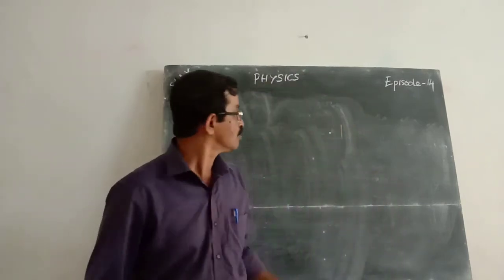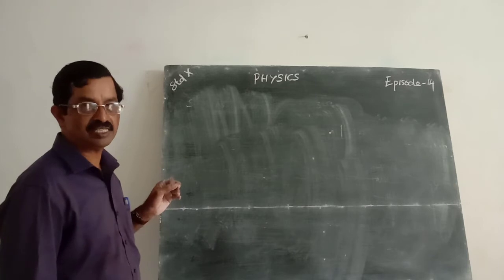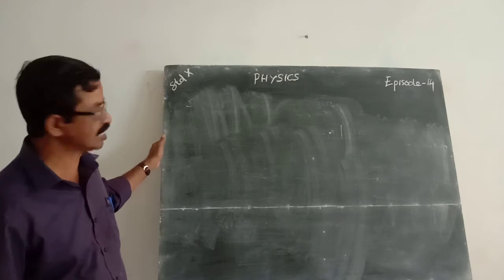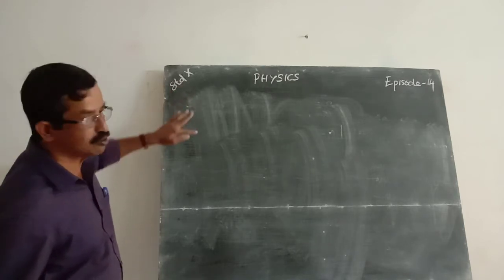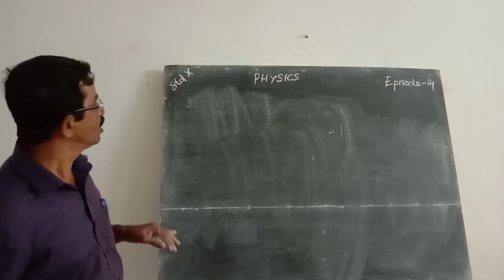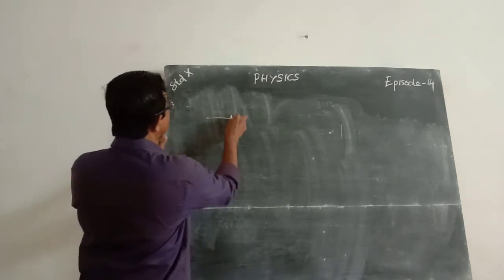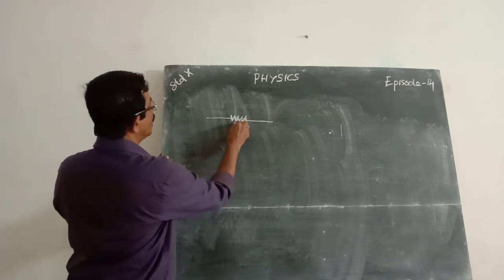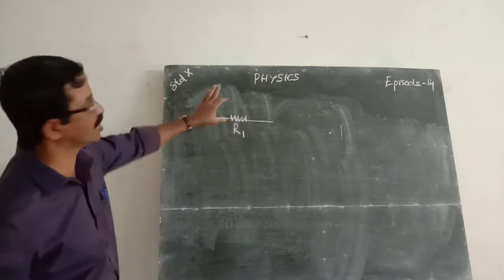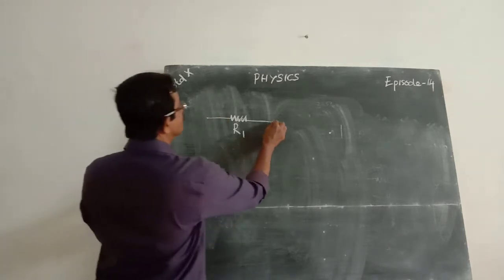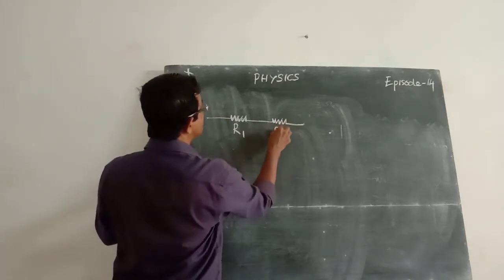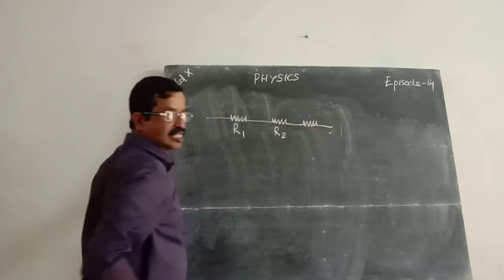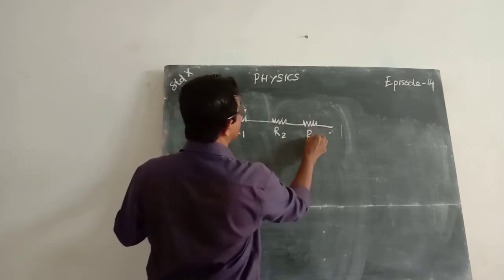See, we discussed how to find effective resistance when the resistors are connected in series. Let us do one more activity. See, the first resistor, let it be R1, its resistance, and second resistor and its resistance R2, and third resistor of resistance R3.